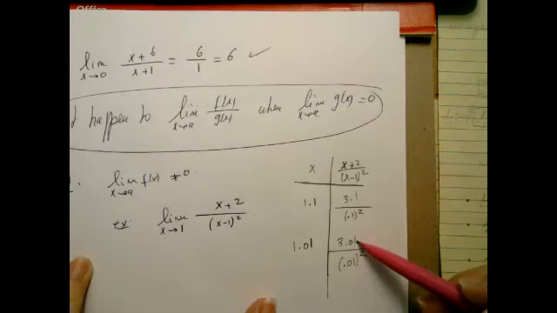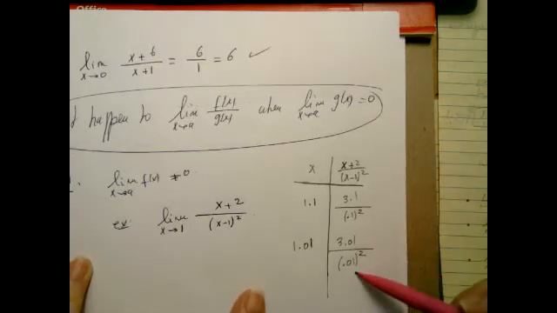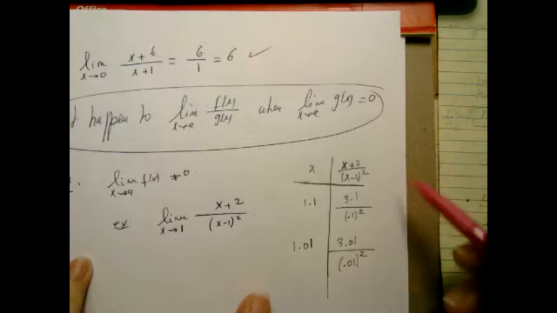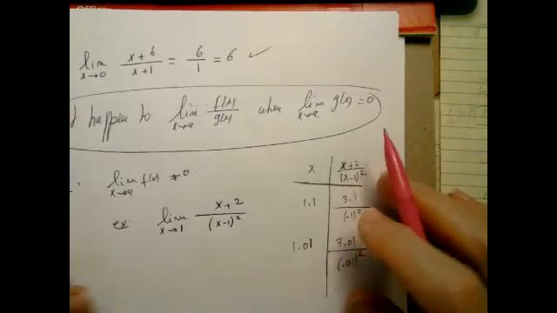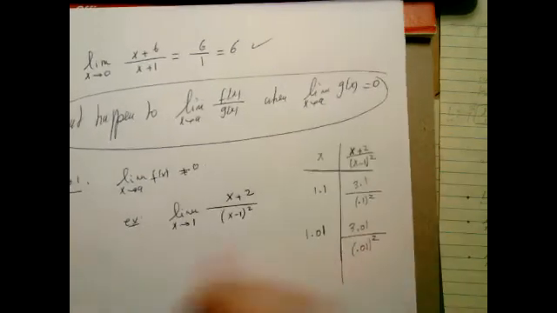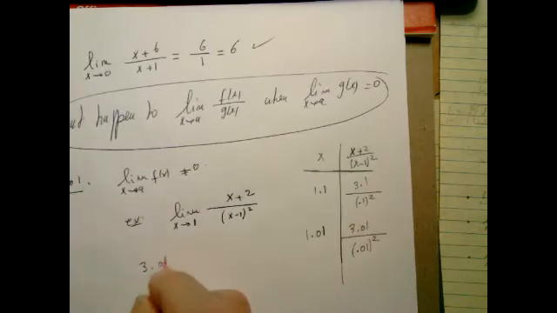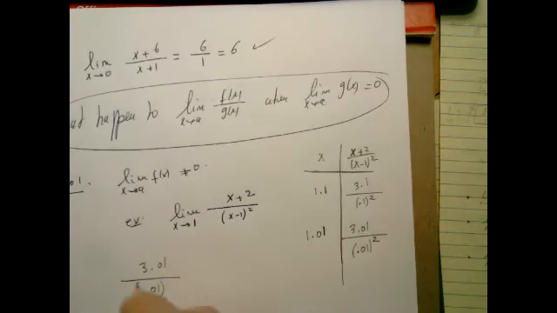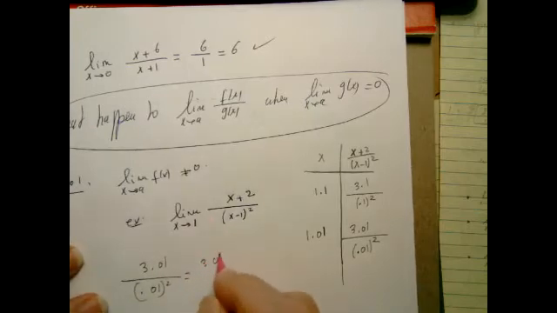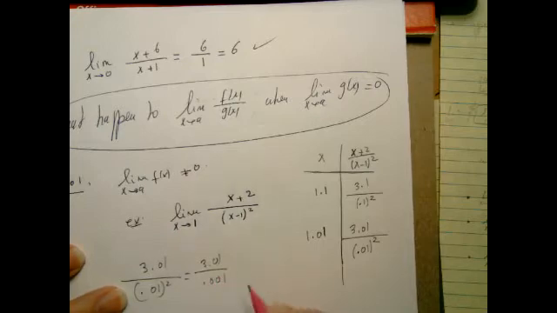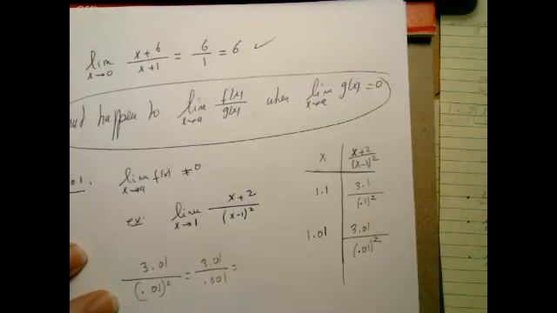I have 3.01 divided by something even smaller. So what's going to happen actually? Let us compute this number to have an idea. If I take 3.01 divided by 0.01 squared, how much is this? So that's 3.01 over 0.0001. Is this a big number or a small number?